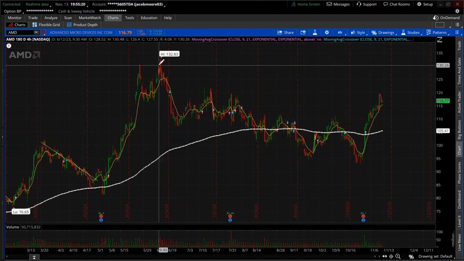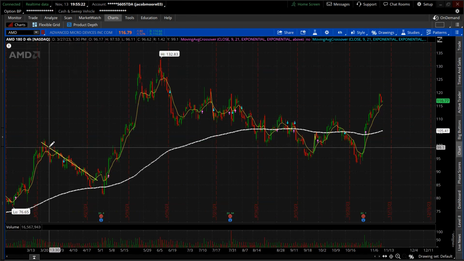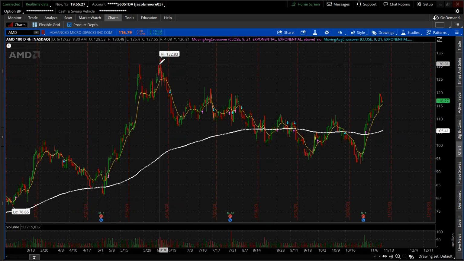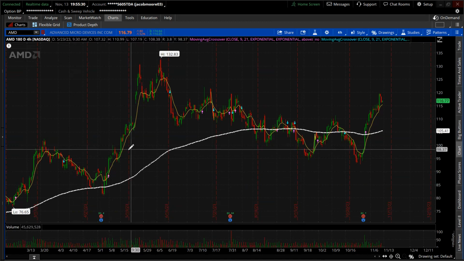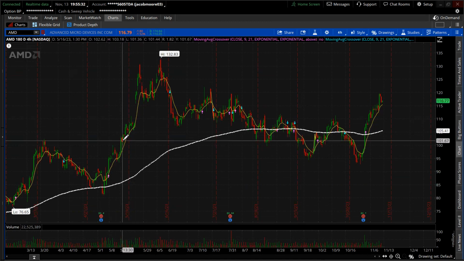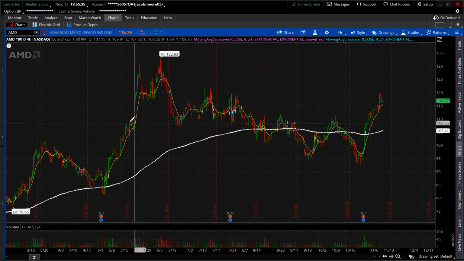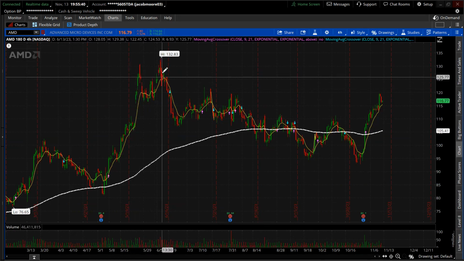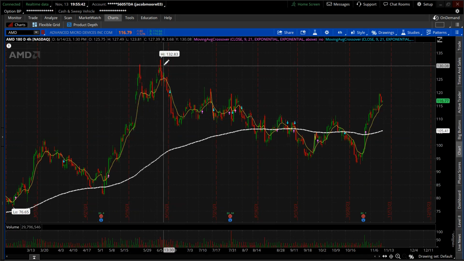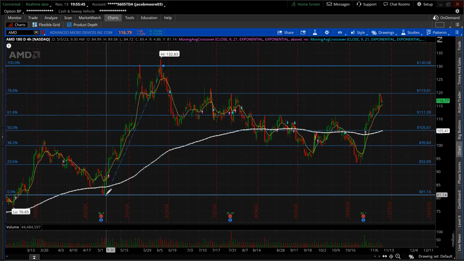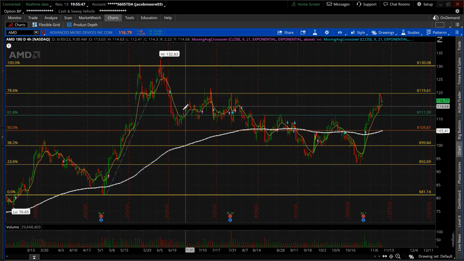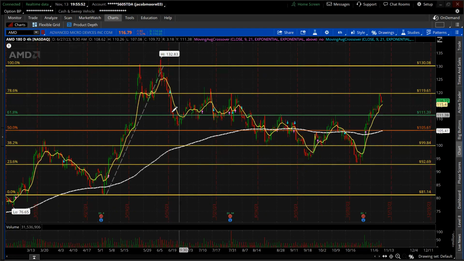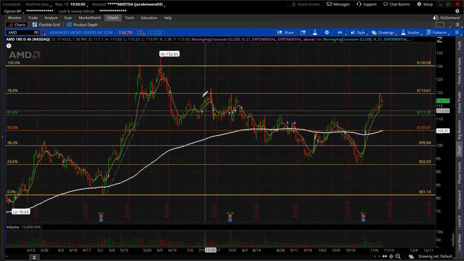So here, I guess we can try right here. Another way I use it is I just use it for moves. So here's a massive move to the upside. This is that one that I told you about. I got out at 100 right here. This obviously would have been a massive 2 or 3 days. So if we go from the high to the low, now we can kind of guess, okay, where is it once it starts selling off? Now I'm going to get out around 111, 110. It comes back up.